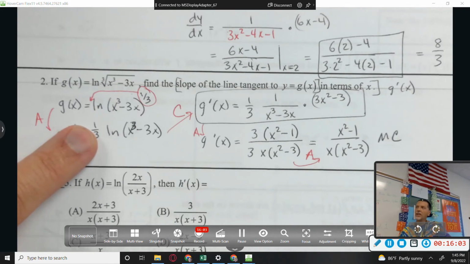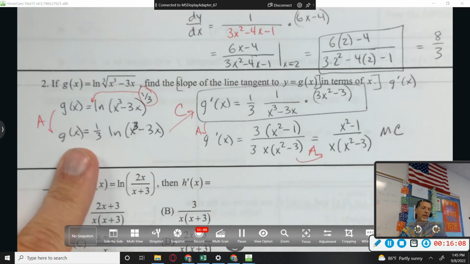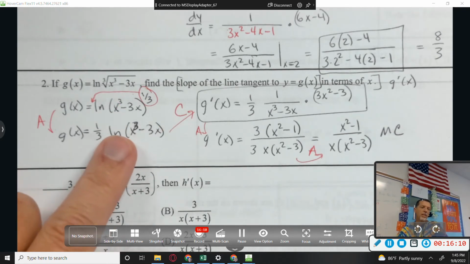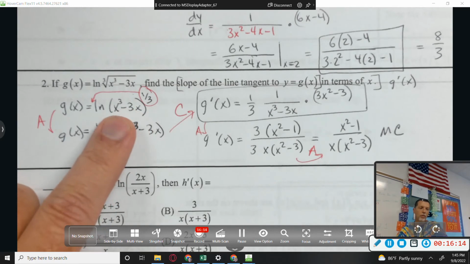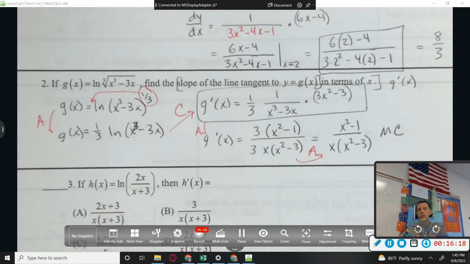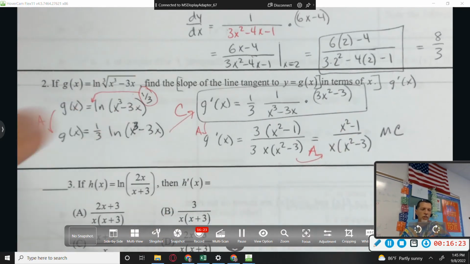Putting the 1/3 in front is not a calculus thing, that's an algebra thing. If I left it up there, then yes, I would have to think about the power rule, and I would have a 1/3 and then something to a 2/3, and you would have a real mess on your hands. It should still reduce to this, but put the 1/3 out front, and you don't have to worry about it.